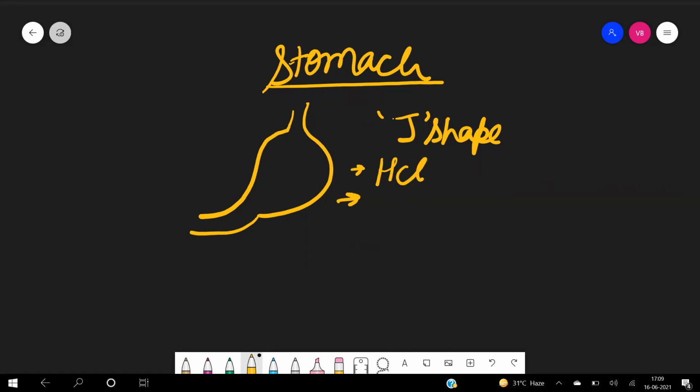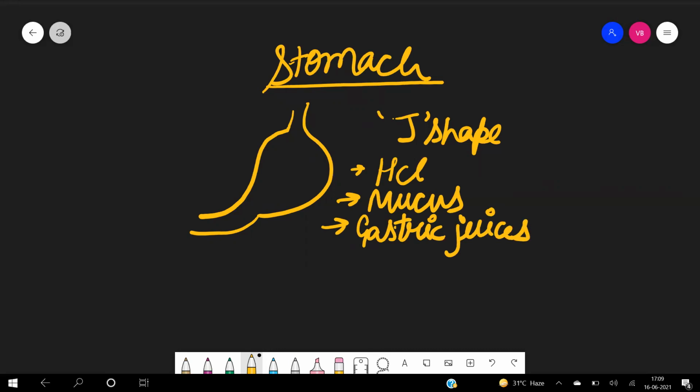The second one is mucus and gastric juices. And each of them has its own function. So let us discuss the various substances which are present inside the stomach. HCl. What is HCl?